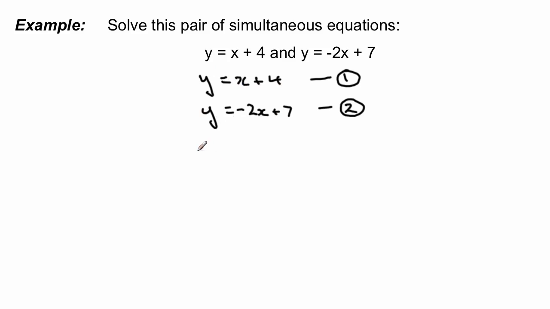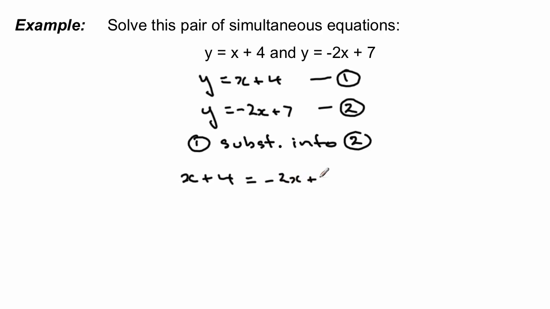That means we're going to take 1 and substitute it into 2. So where we see a y, we're going to replace it with x plus 4. So we get x plus 4, equal to minus 2x plus 7. And now we solve this.